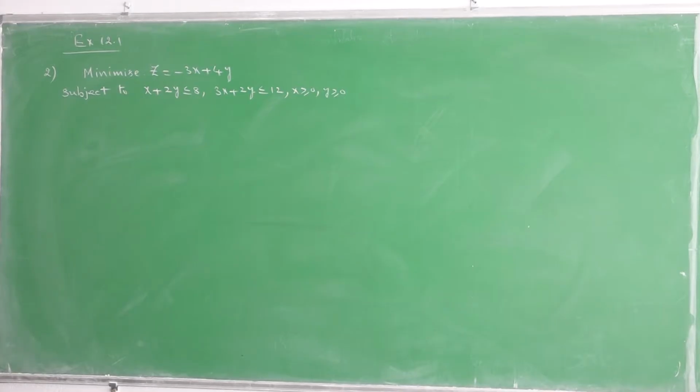We have to minimize the given linear function z equal to minus 3x plus 4y subject to the given conditions or constraints: x plus 2y less than or equal to 8, 3x plus 2y less than or equal to 12, x greater than or equal to 0 and y greater than or equal to 0.